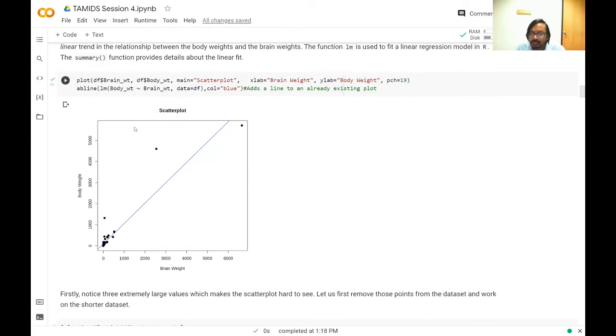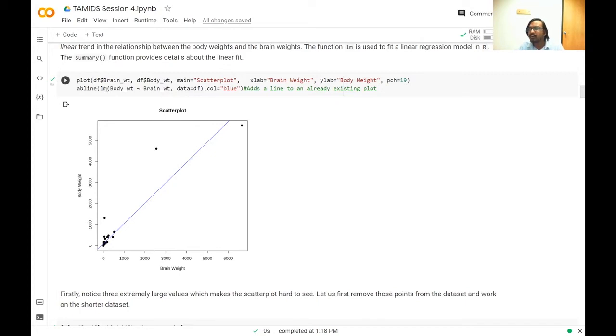In this scatter plot, if you simply use the plot function, you are going to get the scatter plot, but not the blue line. The abline function adds a blue line to an already existing plot. The line that we are adding here is the linear fit, which is done using the lm function.